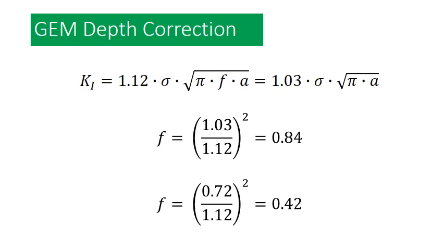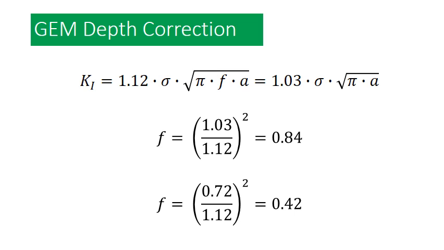And if I take the alternate value of 0.72, I go through everything, I get a depth correction factor of 0.42. So it's my argument that if we believe in the Tada work and we believe in the Parker work and we believe in the PRCI micrograph that I just showed you and everything packages nicely, after we've gone through an initial crack and shed sequence with our stress corrosion cracks, we should then be alternating between an effective depth of 0.42 and an effective depth of 0.84.